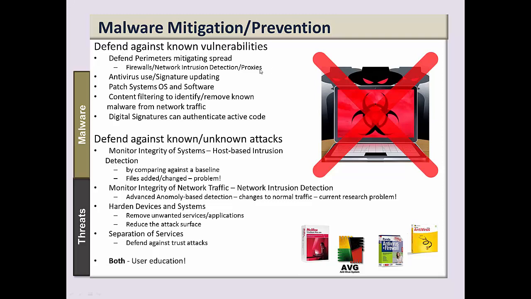We've got our network security controls, which can do some kind of detection, again usually signature based. Some filtering can look for email attachments with certain types of signatures, similar to your antivirus.